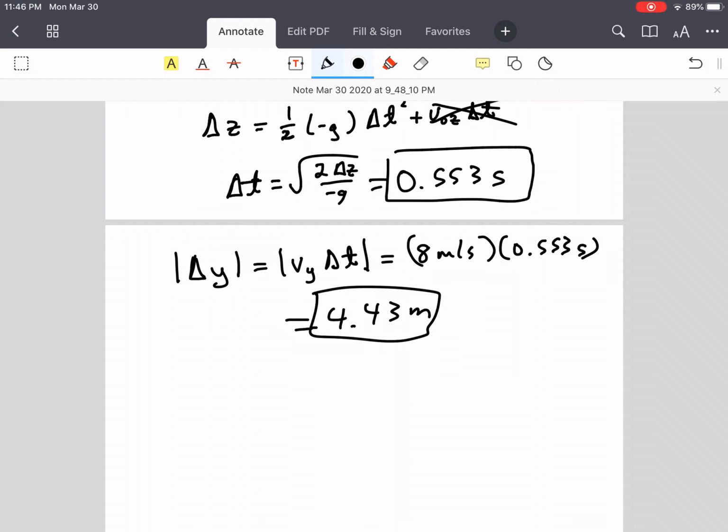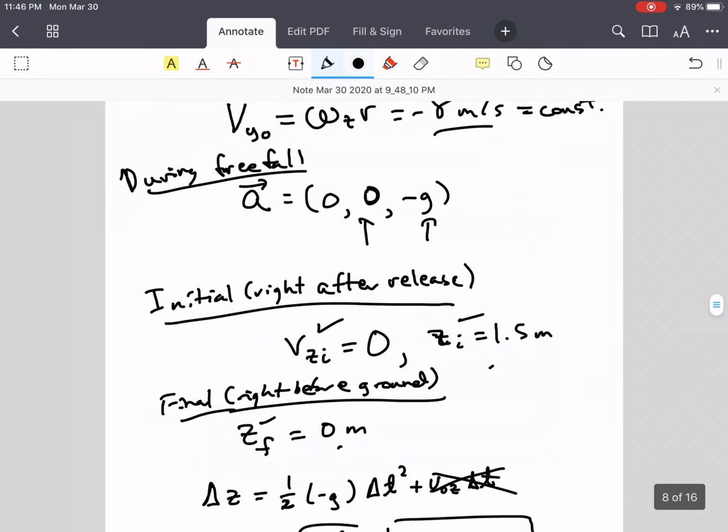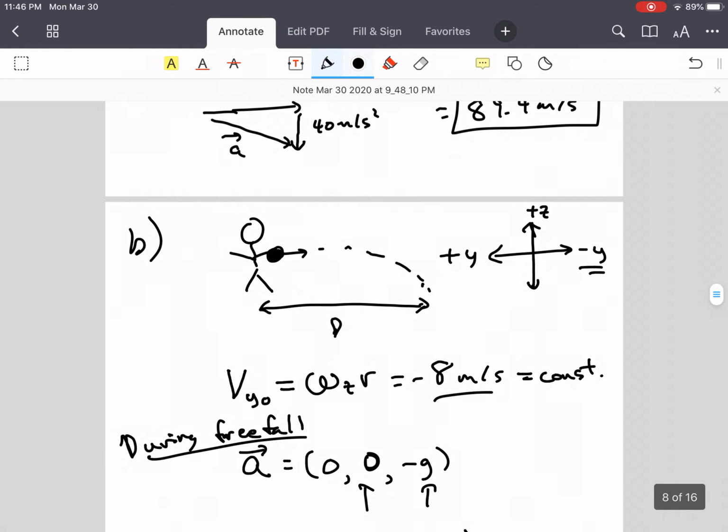So, he's not going to win any awards with this, but you guys are going to learn, hopefully, that rotational motion is not that much harder than translation, and it can be connected to translational motion. Here, the only part where rotational motion played a role in this second part of the problem was telling us the initial velocity. Once we had that, no longer am I rotating.